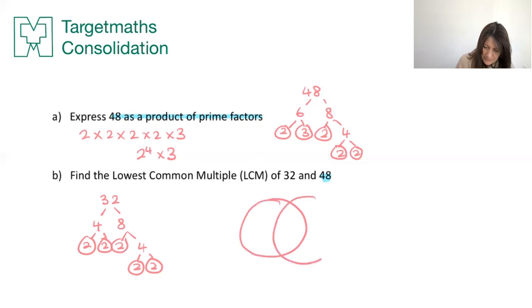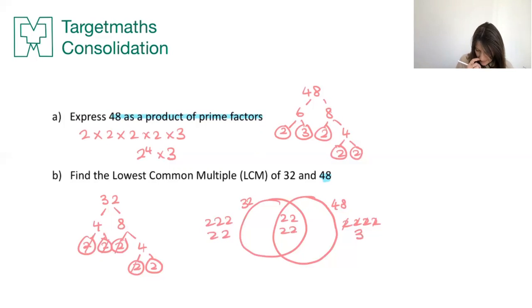Okay, so this could be the circle for 32. We've got 5 2s. This can be the circle for 48, where we've got 1, 2, 3, 4 2s and a 3. Those 2s can go straight in.